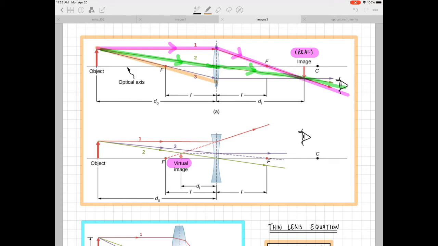the ray that passes through the focal point on the near side, that ray will come out parallel to the optical axis as it passes through the lens. And you can see all 3 of these rays intersect at the exact same spot, so that's where the top of the arrow forms.